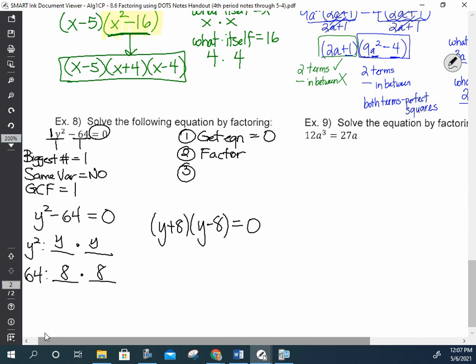All right, step 3. So step 3 is to split the equation up. So that's y plus 8 equals 0. Y minus 8 equals 0.